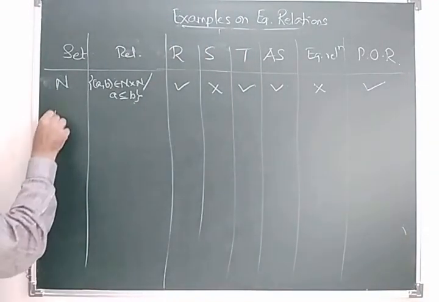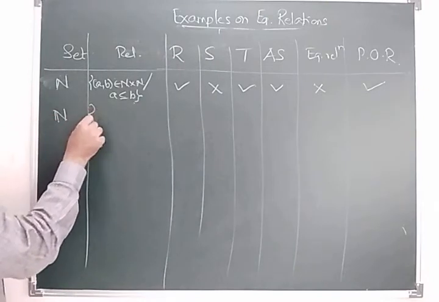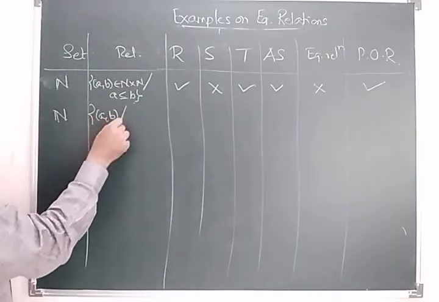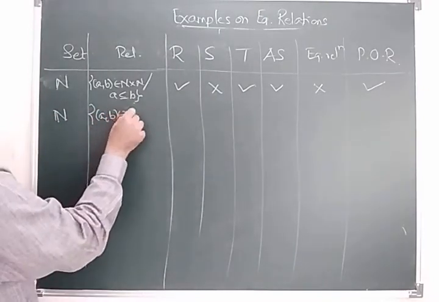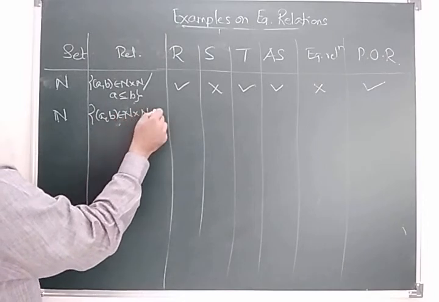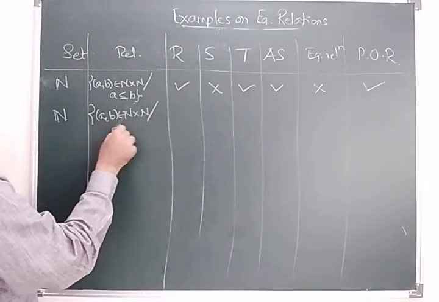If I take again N, the set of (a, b) belonging to N cross N such that a divides b.